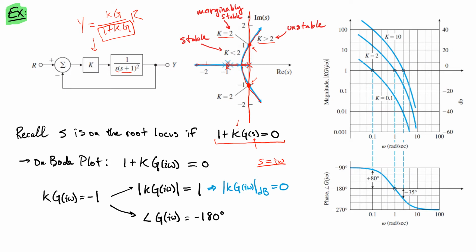If we look at the same characteristic, the roots of that denominator polynomial, only at points on the imaginary axis, if there are points that satisfy that, then that means there are roots of that denominator polynomial at this marginal stability point.